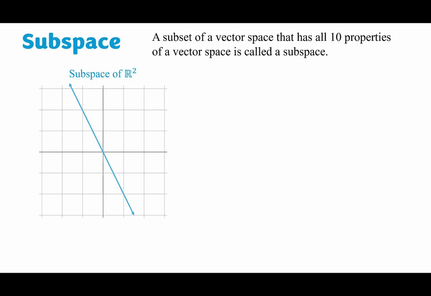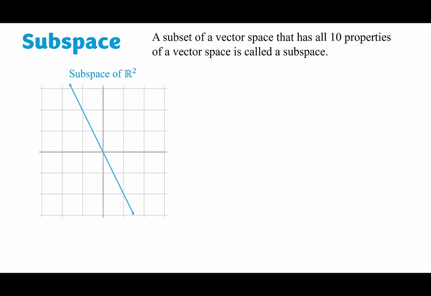Just to name a few, if you take any two vectors on this line and add them together, you'll stay on the line. You'll stay in the subspace. If you scale any vector on this line, then it will stay on the line. So we call that closed under addition and also scalar multiplication.